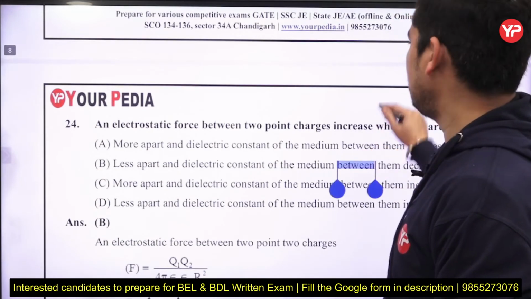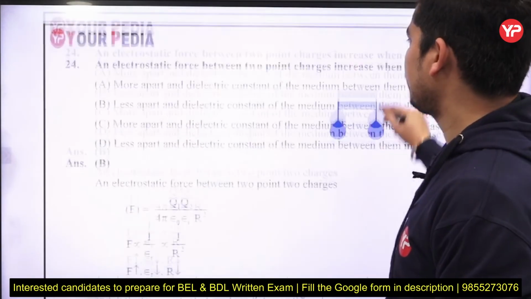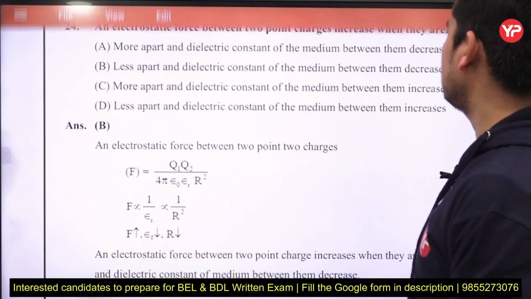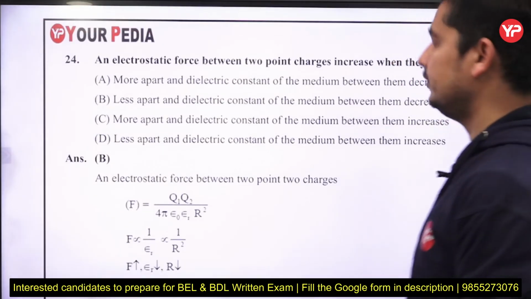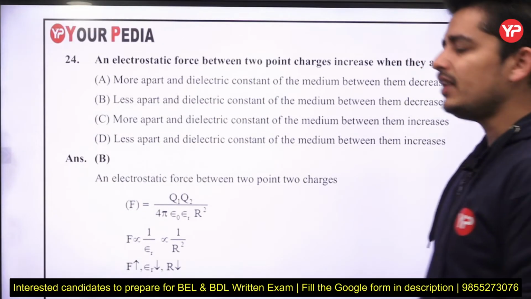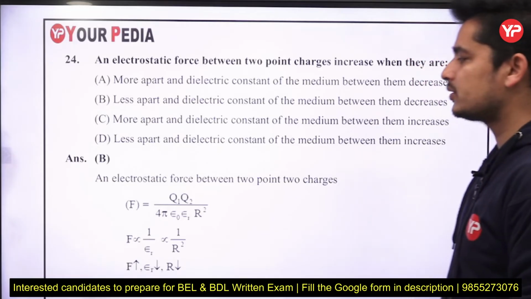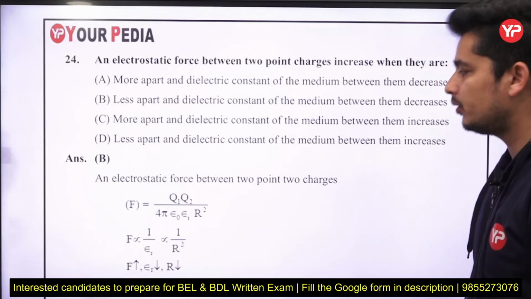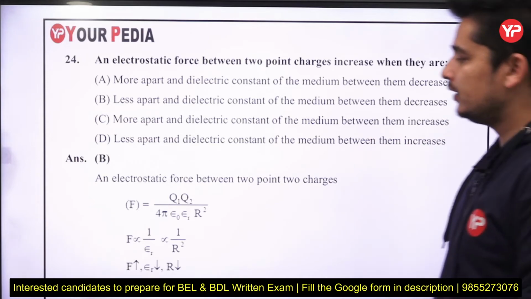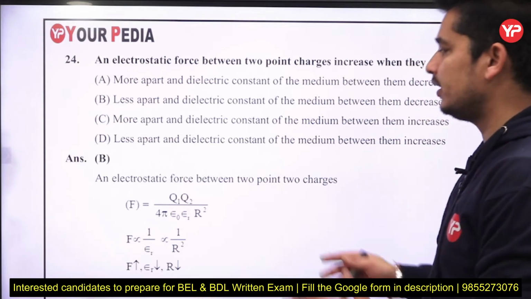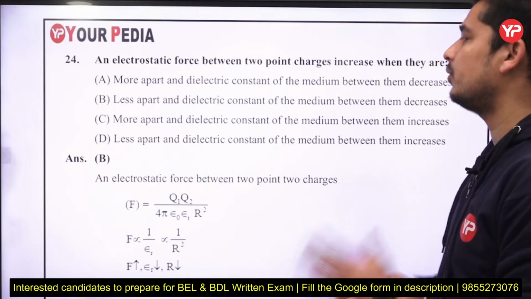An electrostatic force between two point charges increases when... see, if I am talking about electrostatic force, F is equal to Q1 Q2 upon 4 pi epsilon naught r square. So what you are seeing is that if distance is increasing, force will decrease. If charge magnitude is increasing, force will increase.